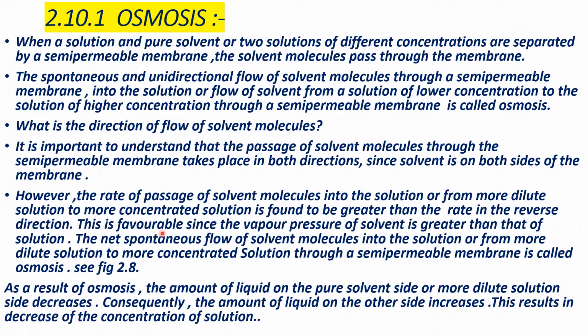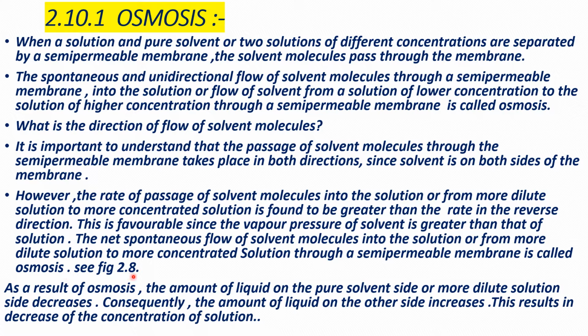This is favorable since the vapor pressure of the solvent is greater than that of the solution. The net spontaneous flow of solvent molecules into the solution, or from the more dilute solution to the more concentrated solution, through a semi-permeable membrane is called osmosis.